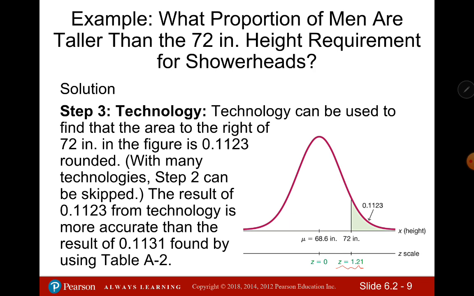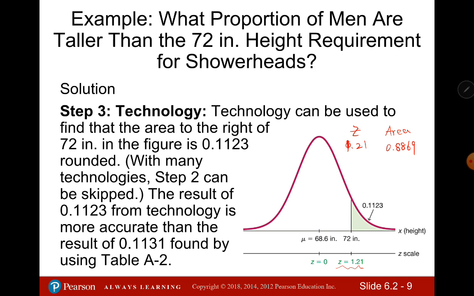So from your z-table, it's 1.21. You will find that the area is 0.8869.